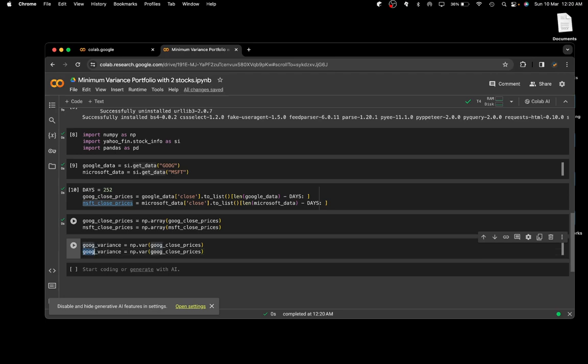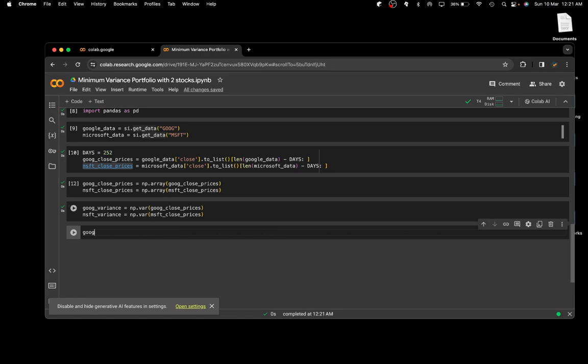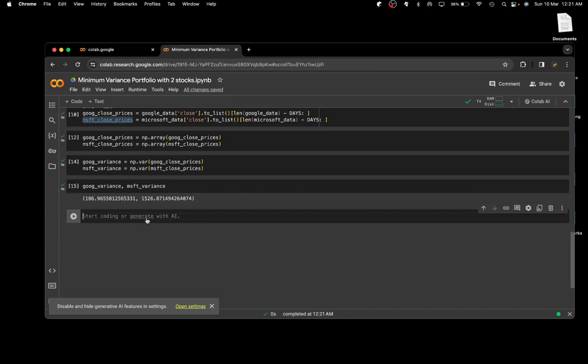Oops, what's happening? MSFT, and we can just use MSFT close prices, and I think this should be good enough. Yep. So if I get Google variance, MSFT variance, and I just print these out, and perfect, I get these variances.